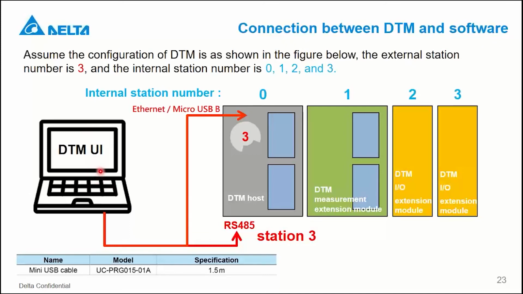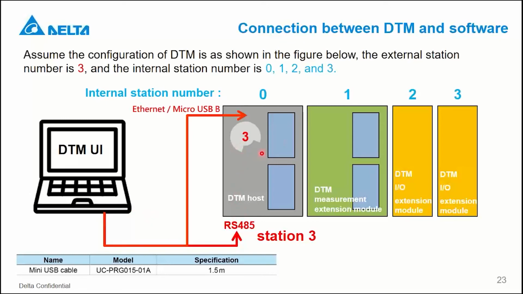We have 3 ways to do the programming, the download and upload of configuration. It supports Ethernet and micro USB to link with the device, and we also support RS485. If you have a USB to RS485 converter, you can also use that one.